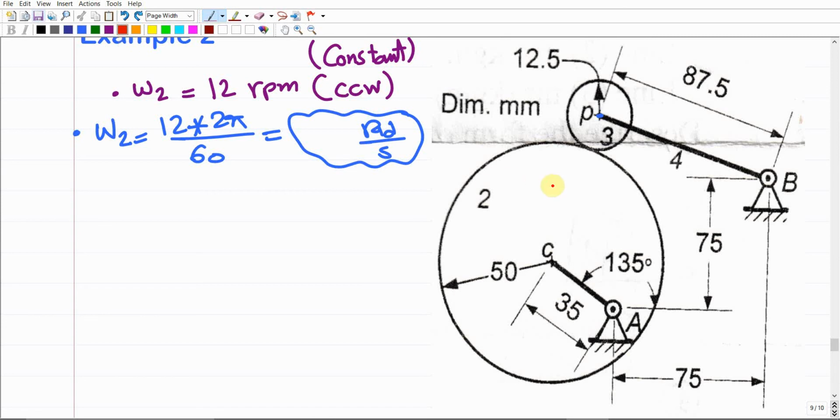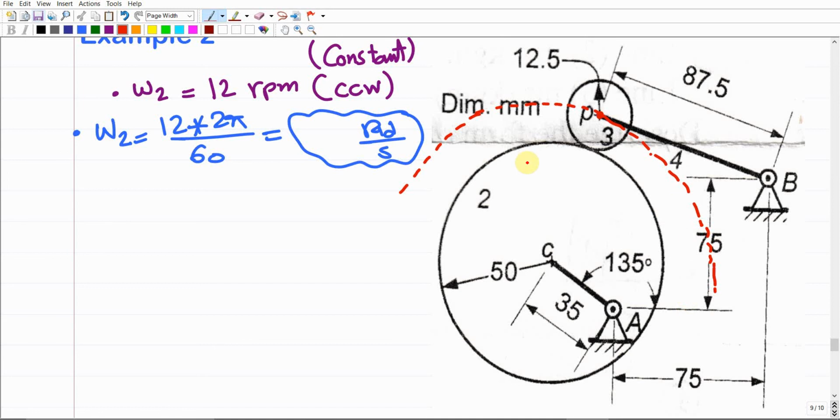The key idea is to identify the point of rotation of the roller, and then identify the path over which this point is going to move as the cam itself rotates. As the cam rotates, this point is going to move over a circular path, which I'm representing here as a dashed line.